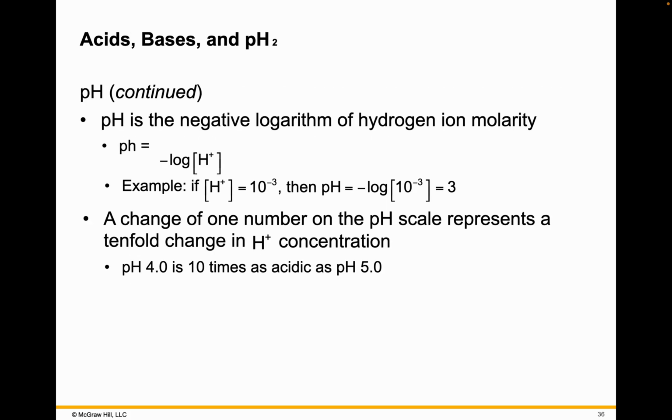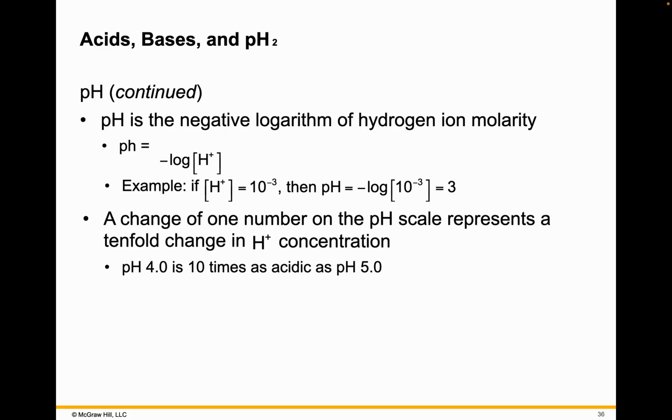To calculate pH, you take the negative logarithm of hydrogen ion molarity. You may have to calculate this in some of your homework, but what you really ought to keep in mind is that pH is a negative logarithm scale. So because it's a negative logarithm scale, low numbers give you more acidity.